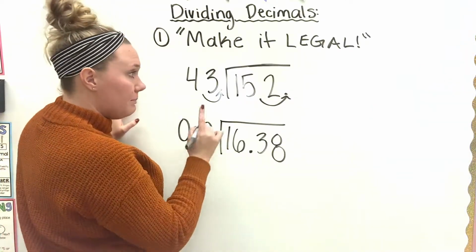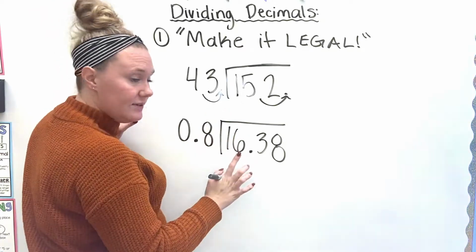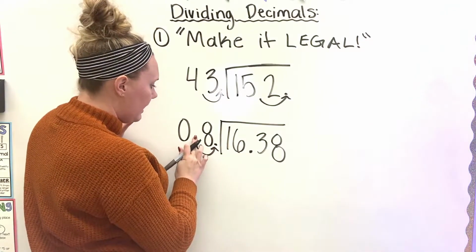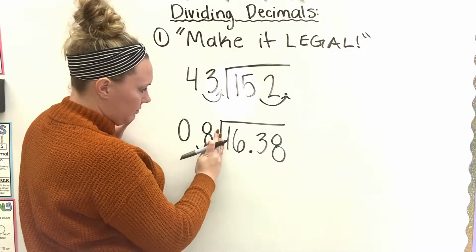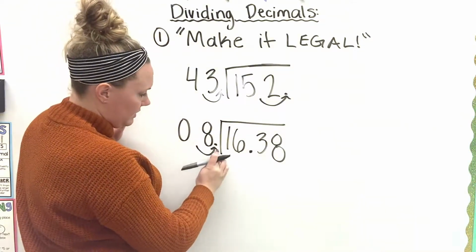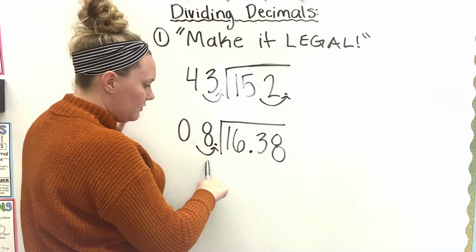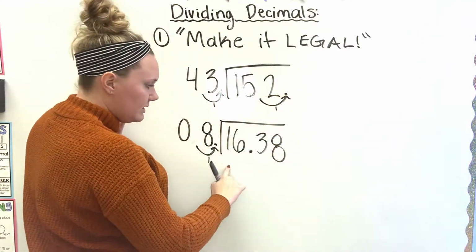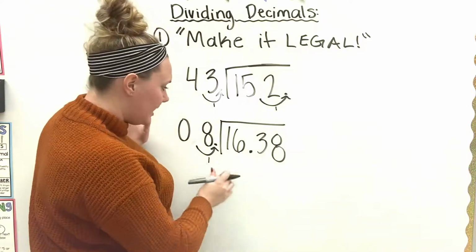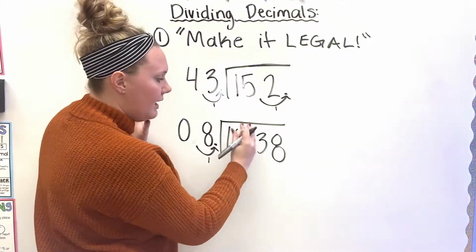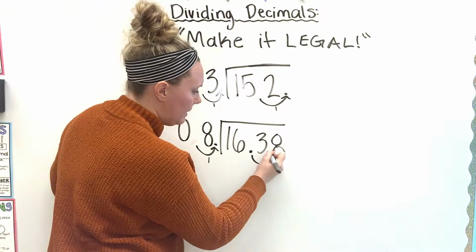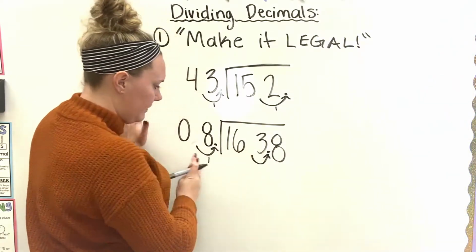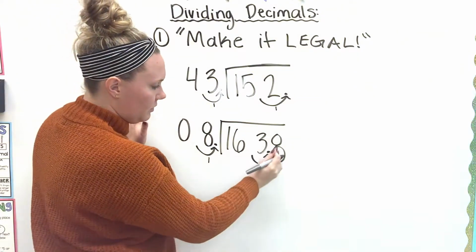So I need to make it legal before I can do any division. I need to move it as far back as I can. So I moved it one space outside. That means I also need to move it one space inside, because whatever I do outside, I also have to make it match inside of my house. So I moved it once outside. I moved it once inside.